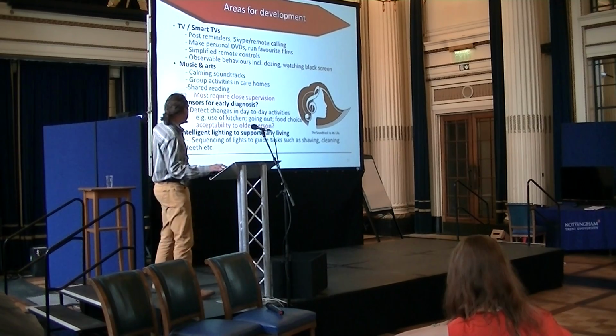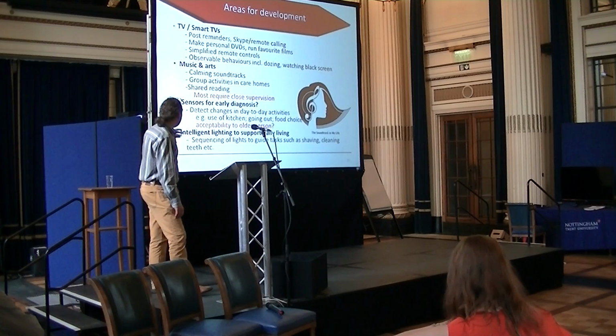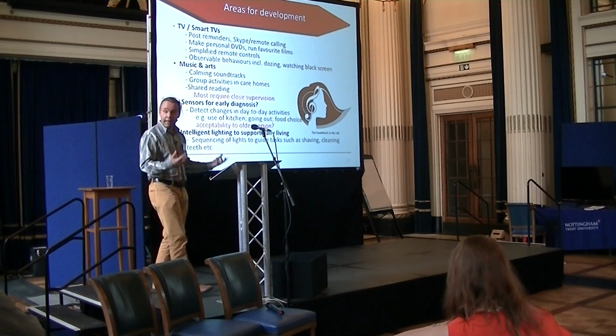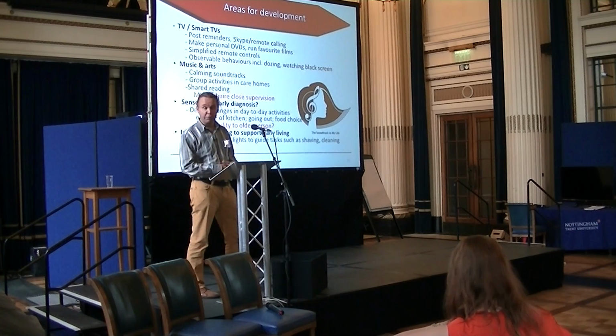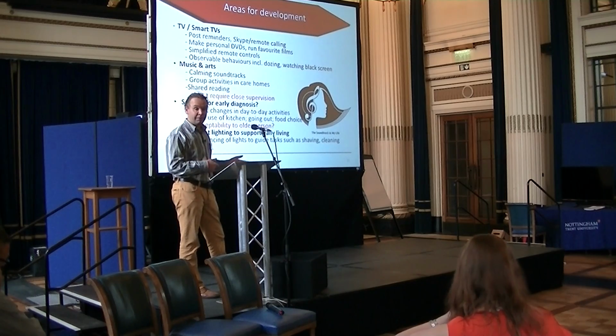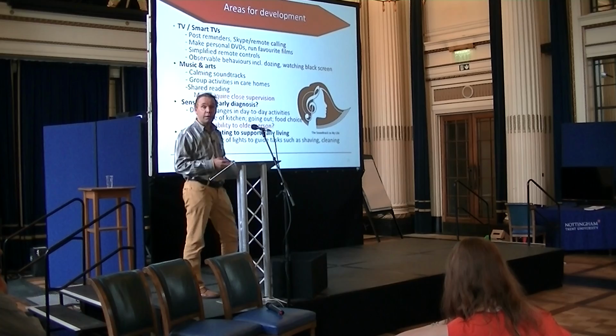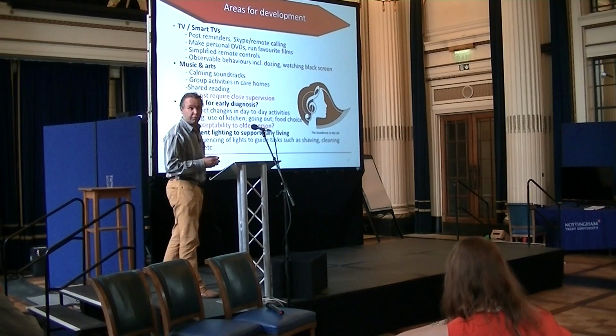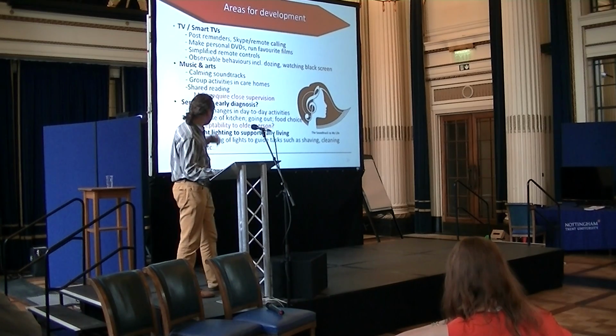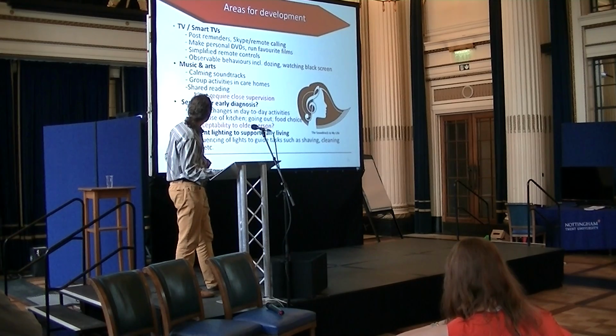We have to think about the acceptability there. And then perhaps the use of intelligent lighting. Again, there are some research examples, but it's not really in common use. There's a great example from Canada where somebody's being led through washing their hands by means of a lighting sequence. So these things are currently really in research.